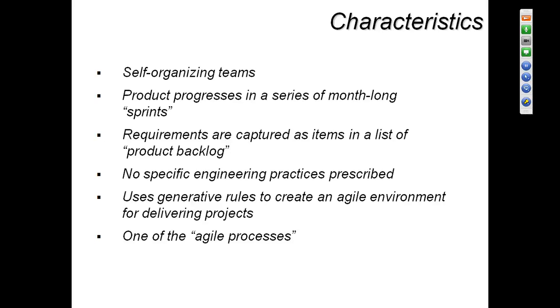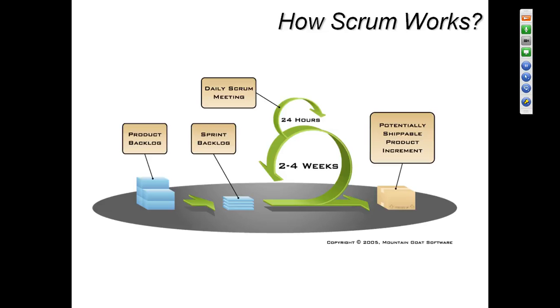The major intention is: from the backlog items you have, pick the high prioritized ones for this sprint, assign them to these resources and get them finished. That is the product backlog, with no specific engineering practices. It is one of the agile processes.